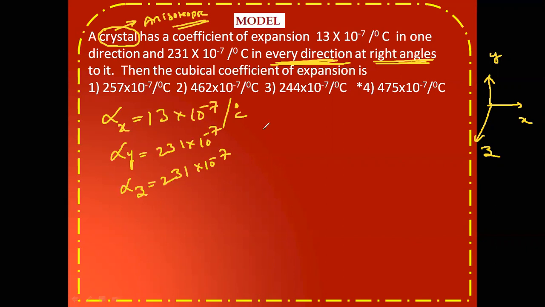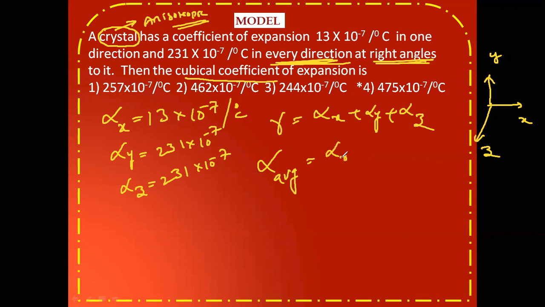They are asking for the cubical coefficient, so gamma is equal to alpha x plus alpha y plus alpha z. Sometimes they will ask for the average value of alpha, which is alpha x plus alpha y plus alpha z by 3.